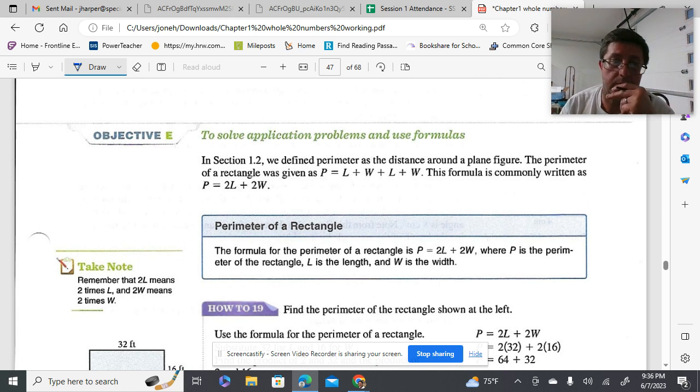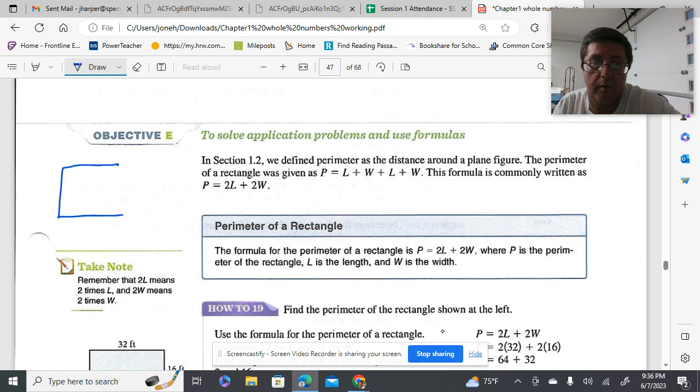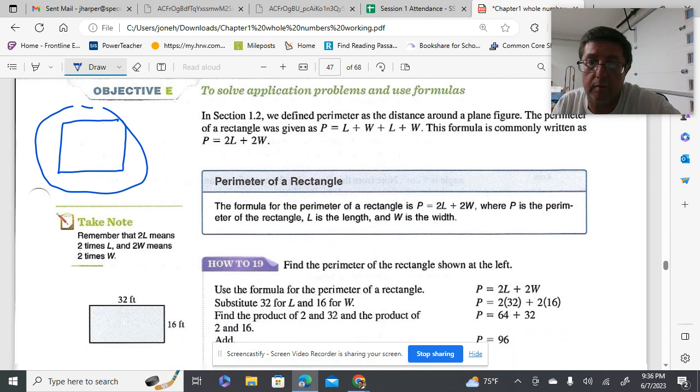Okay. To solve application problems and use formulas. So, in section 1.2, we defined perimeter as the distance around. So our distance around is going to be the perimeter.